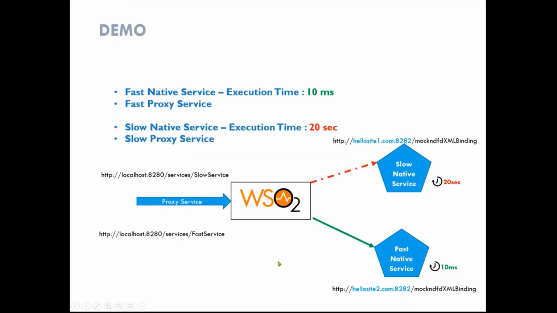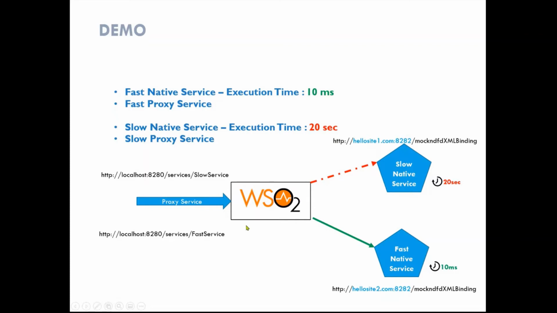Now we will see how we execute these services and the response time that would come. Ideally, if you didn't have a bulkhead pattern implemented, and a handful of slow services were executed, then the fast service would be stalled. That's because there is no dedicated set of connections for a particular native service.